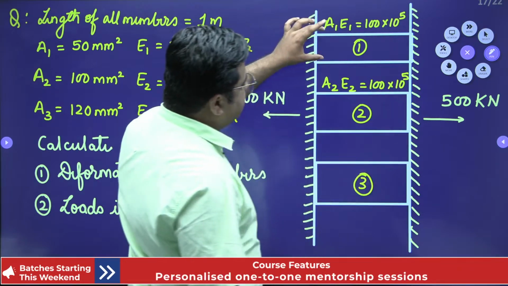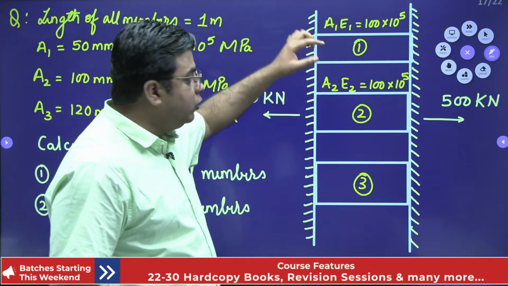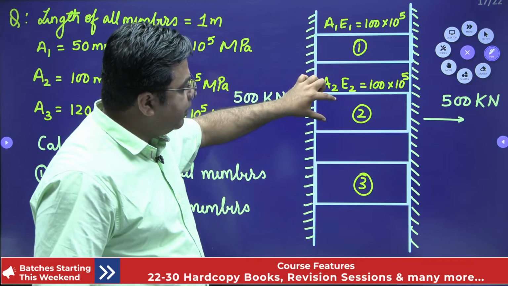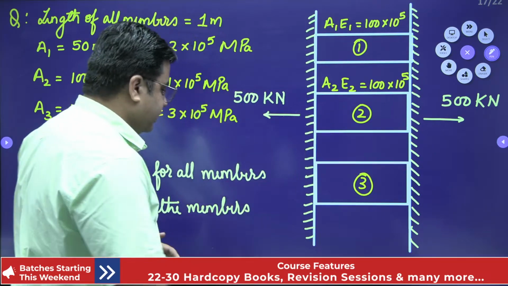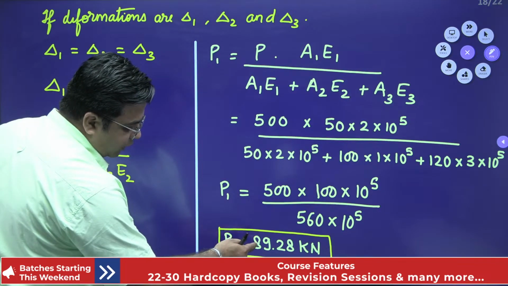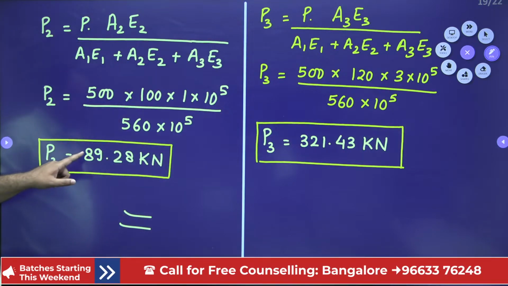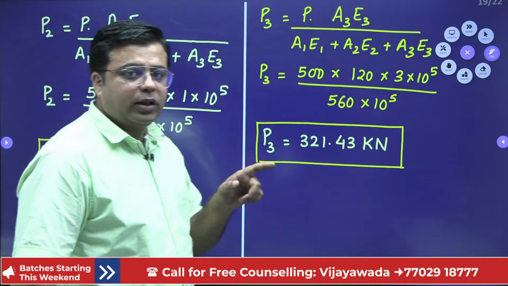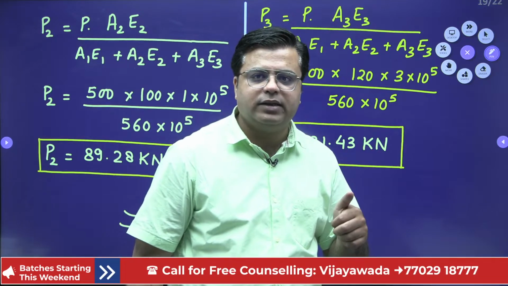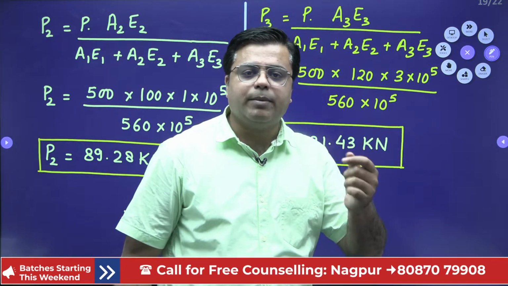Since axial rigidity for both these members is the same, the amount of load coming in member 1 and member 2 is also the same. You can look clearly, for member 1 the load is 89.28 and for member 2 the load is 89.28. So members having the same axial rigidity have the same amount of load coming over them.